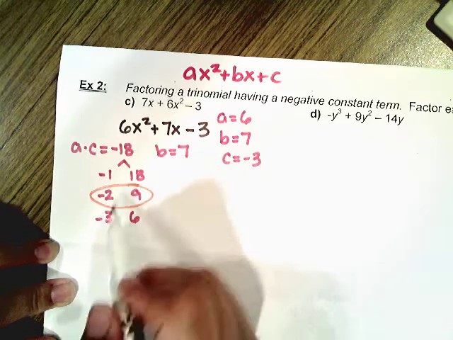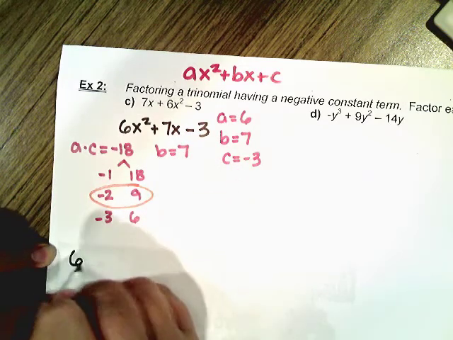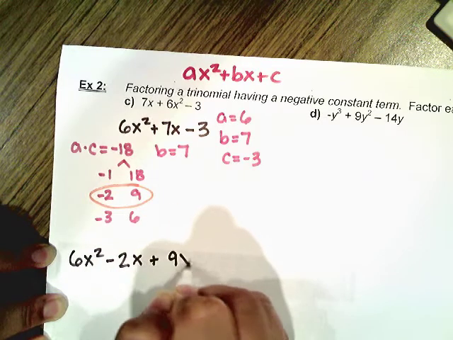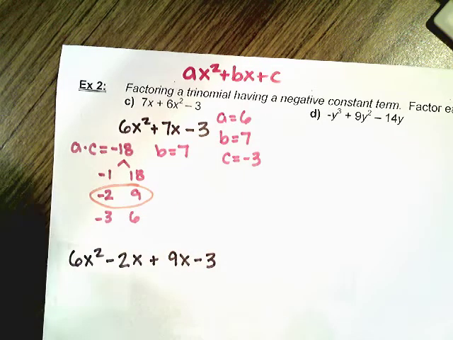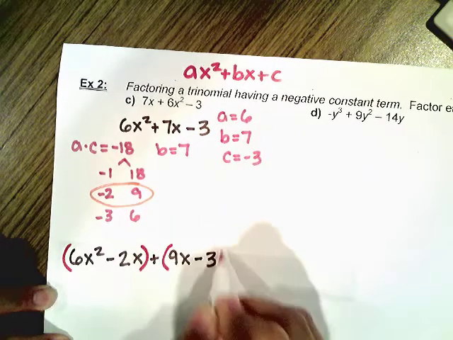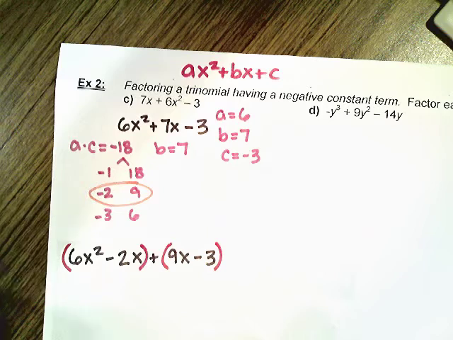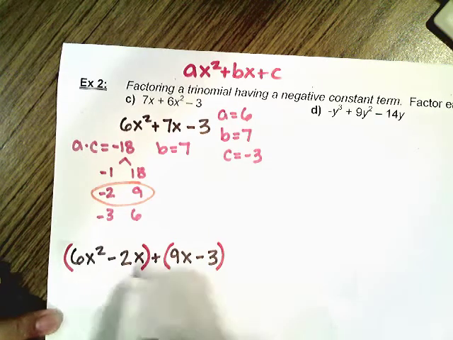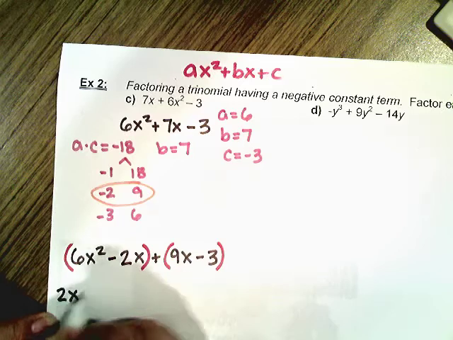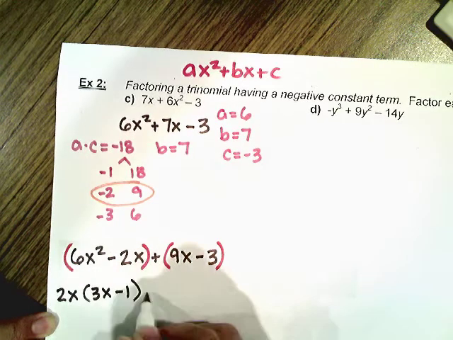So now we use the -2 and +9 to expand our 7x. So that's 6x squared minus 2x plus 9x minus 3. Again, because we have 4 terms, we factor by grouping, and we have that plus in the center, which is what we're supposed to have. So we factor out our GCF of our first group and our last group. That would be 2x here, and we have left over 3x minus 1.